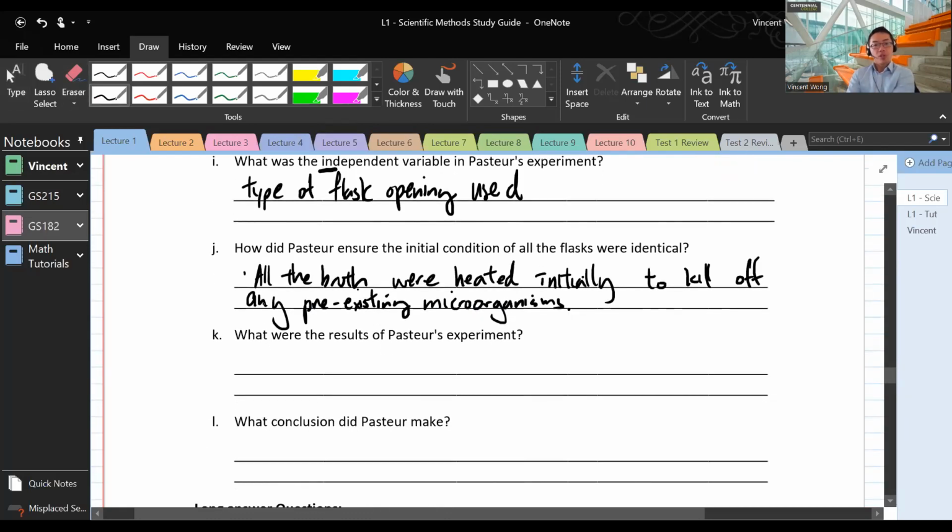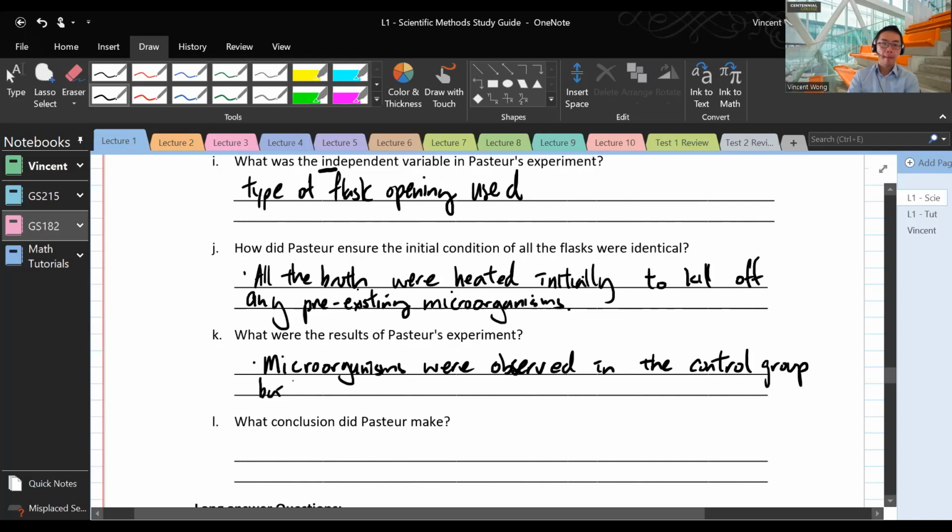And what were the results? Well, as expected, microorganisms were observed in the control group, the one with the open top, but not the experimental group.